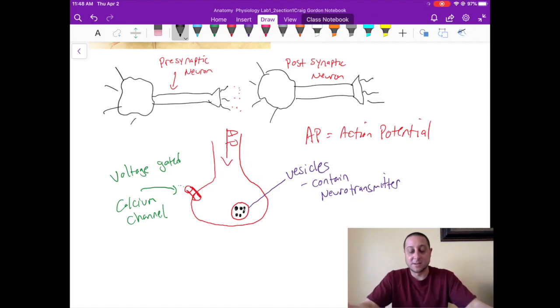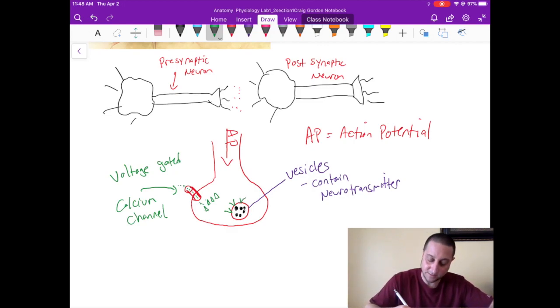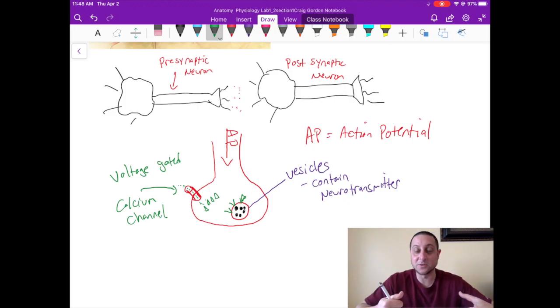Now you should be thinking to yourself, okay, so the calcium is going to come on in. Calcium is coming in. We'll give it a triangular shape. There's our calcium, it's hanging out. Of course, you're going to have a calcium receptor on the vesicle, and once that calcium gets into that receptor, you have exocytosis of the vesicle. That vesicle opens up, the neurotransmitter just goes right into the synapse and then stimulates that next neuron.